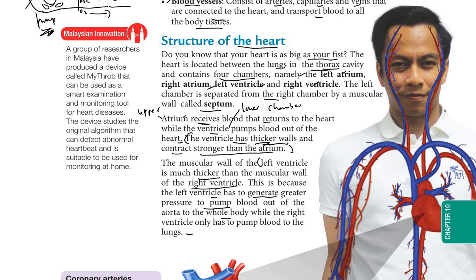The thickest chamber of the heart is the left ventricle, because it has to pump blood out of the heart to all parts of the body. Later I will explain more about this. So this is the function of the chambers in the heart.